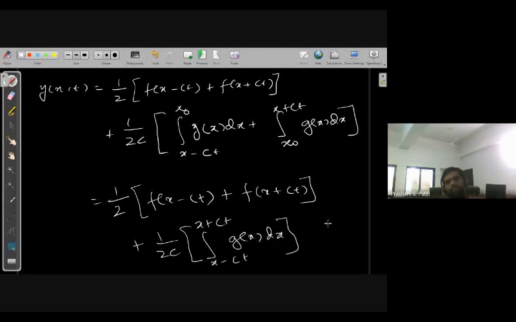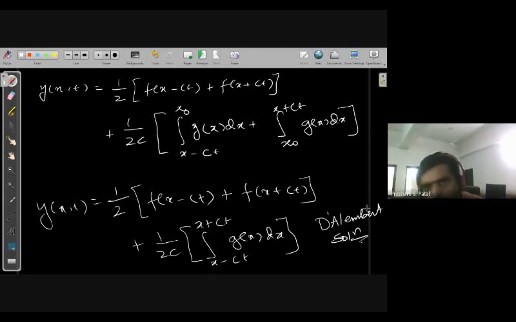And this solution has a name. This solution is known as D'Alembert solution.